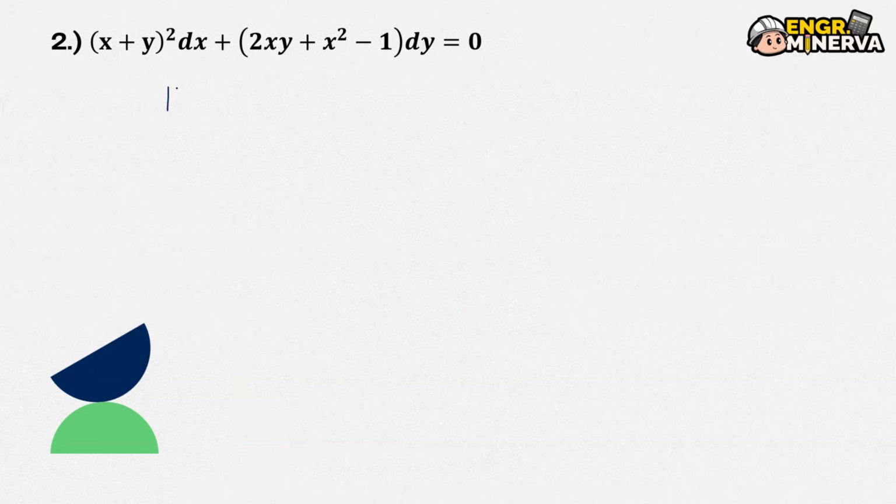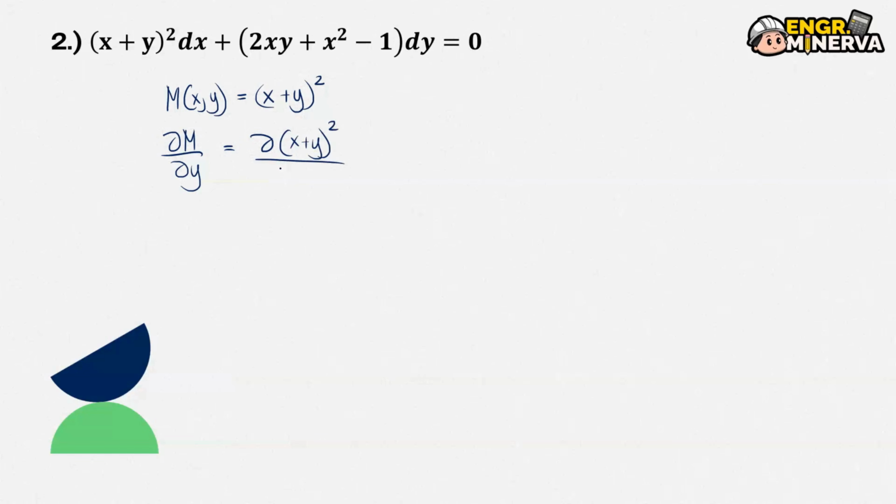So we'll assign our M as a function of x and y. That would be (x + y) squared. So what would be the derivative of M with respect to y? That would be M, which is (x + y) squared, with respect to y. Since this is (x + y) squared, we could actually use the chain rule as a normal derivative.